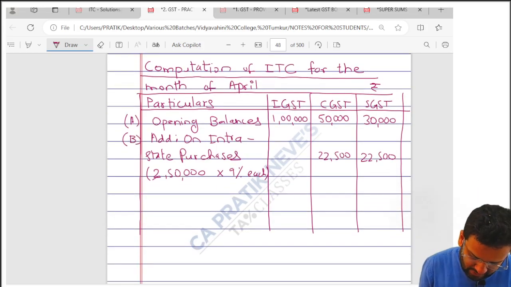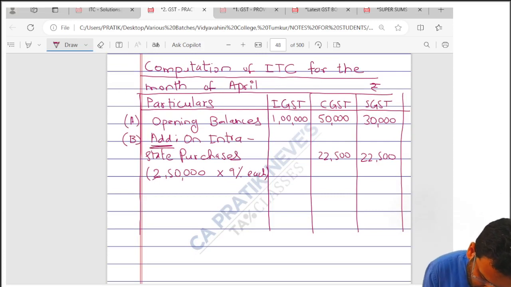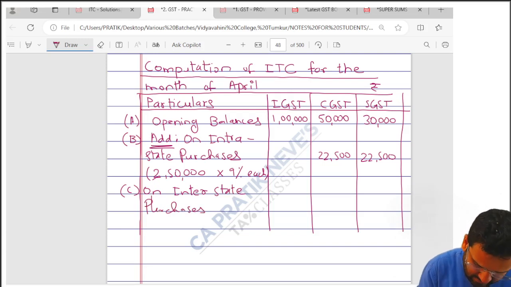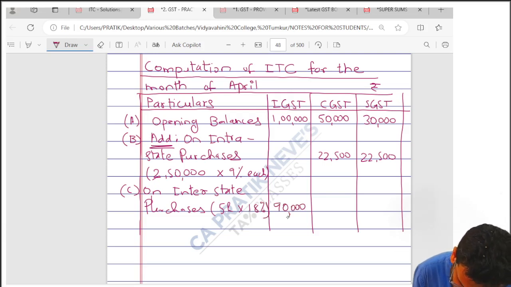Now, can you tell me what is on interstate purchases? Interstate purchases means from Rajasthan. 5 lakh into 18%. So I think 90,000. So can you tell me what is therefore the total ITC?